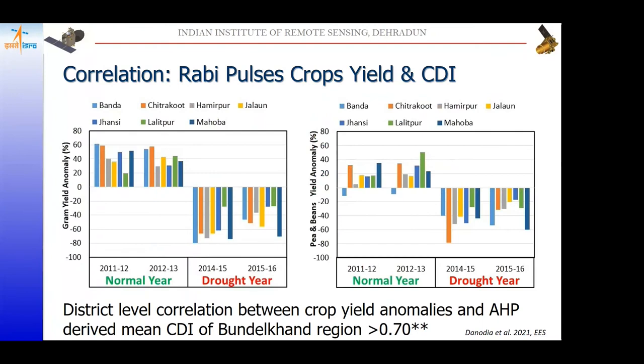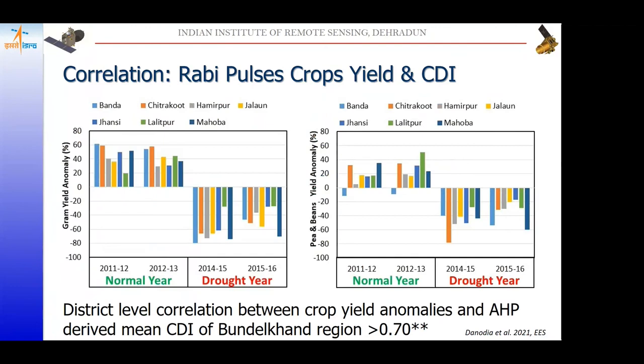Because we did the study for the Rabi season, the winter season crop, the long-term available data sets are only for pea and beans and for gram crops. Using those long-term data sets, we generate the yield anomaly with respect to a normal year, or with respect to all the years, and we make a correlation between our crop yield anomaly and the combined drought index value.